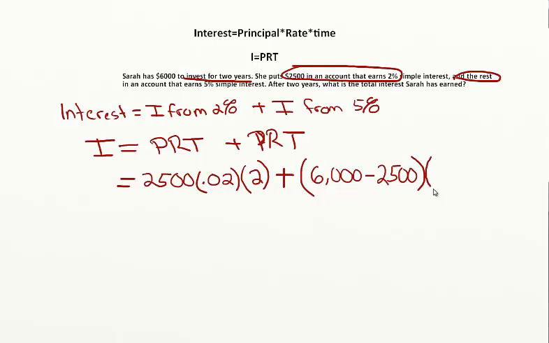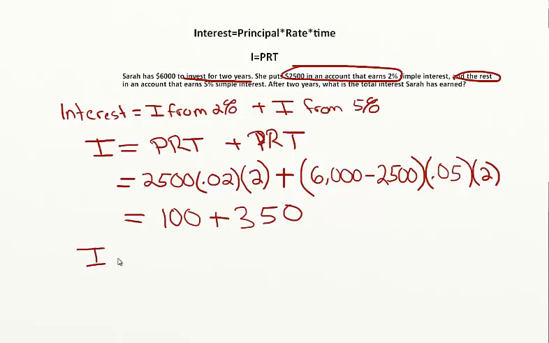So this one earns 5%, so that's going to be 0.05. And that one's also in there for 2 years. Now we just do the math, and this is going to come out to 100. And our next one is going to come out to 350. And so our I is equal to 450.